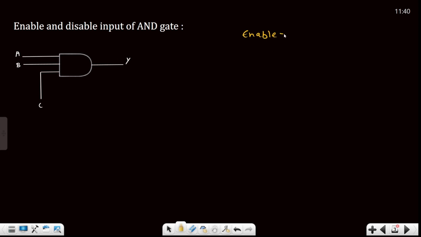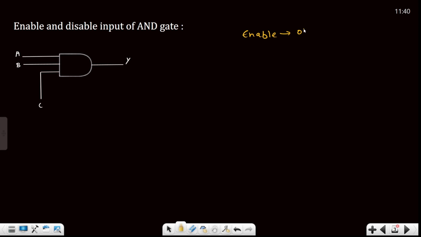Enable means if my output is changing with respect to the input variable, then that is known as enable input. If my output is fixed with respect to change in input, then my input is known as disable input.